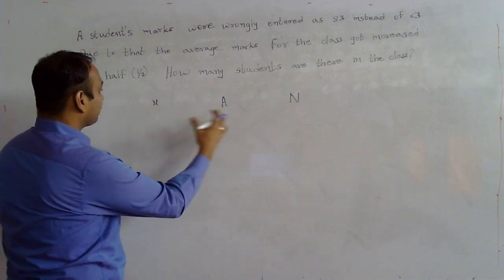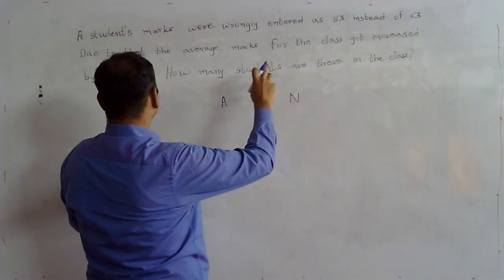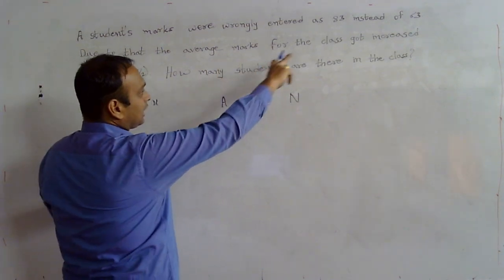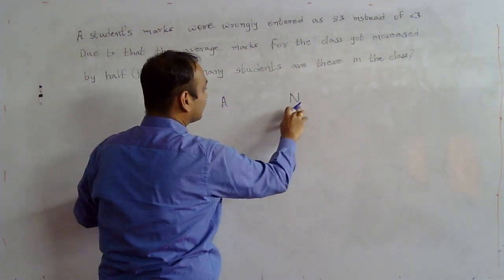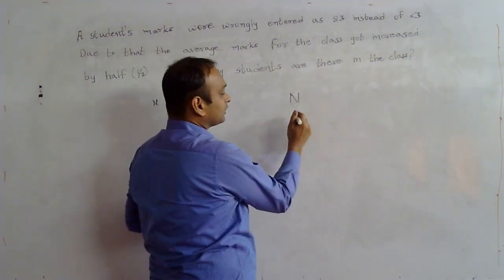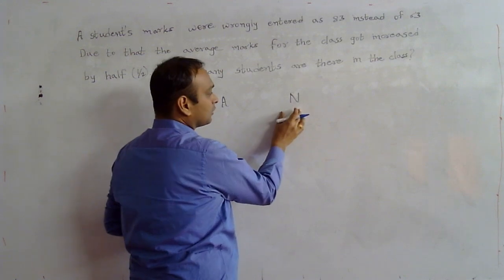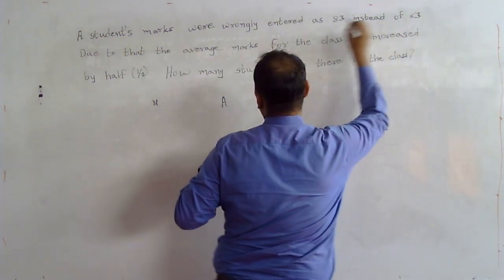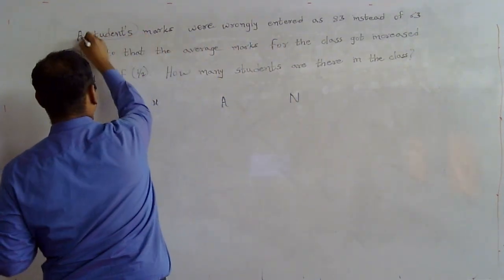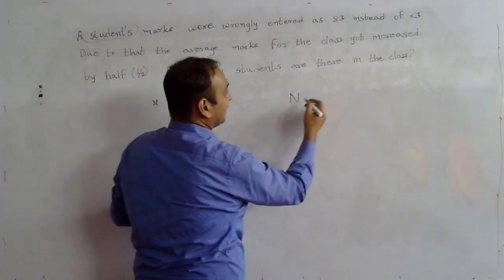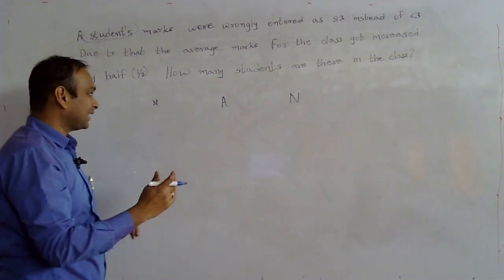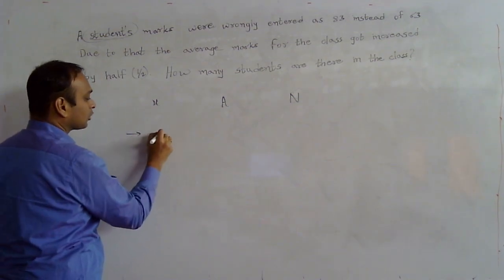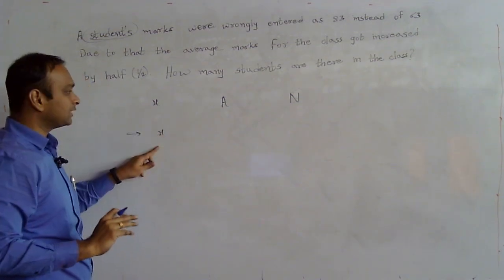Now what we can write from this is, in case of actual marks 63, N is the total marks of all the students excluding this particular student. In the right case we have X students, so this is going to remain as it is.